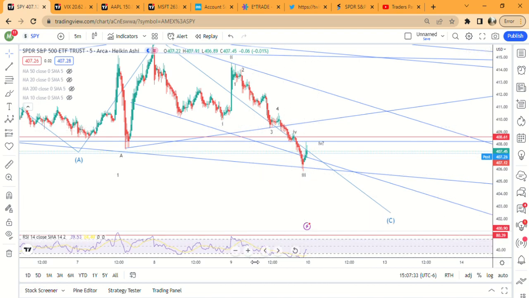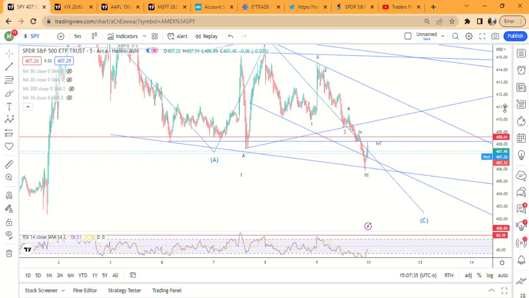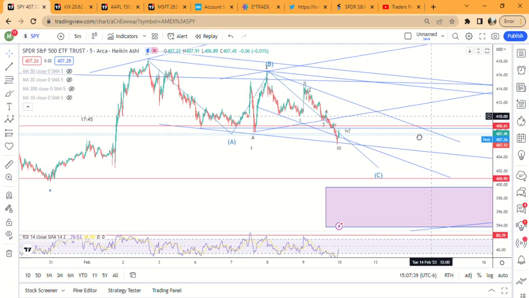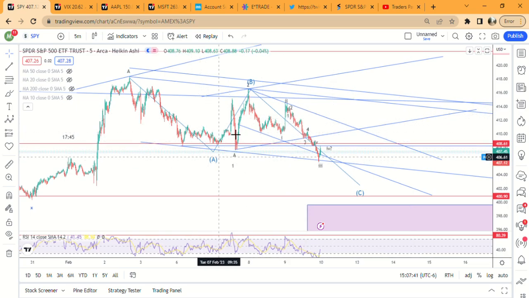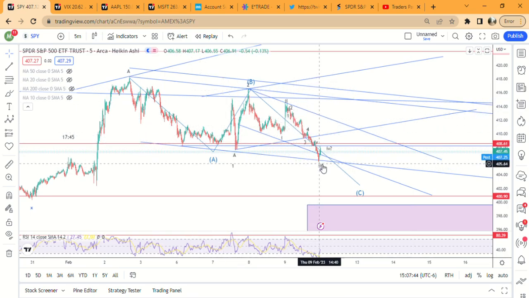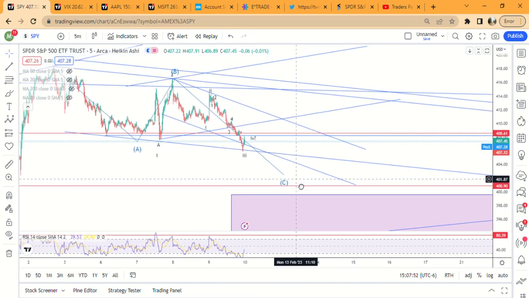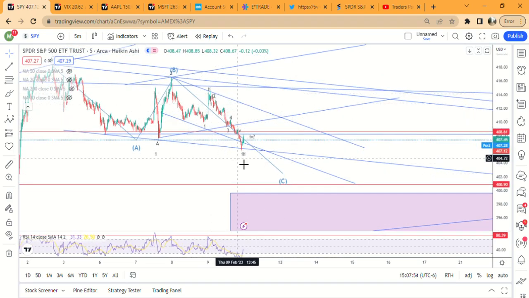Again, 401 has to be hit. But again, that actually... Yeah, 401 has to be hit on the next move down.